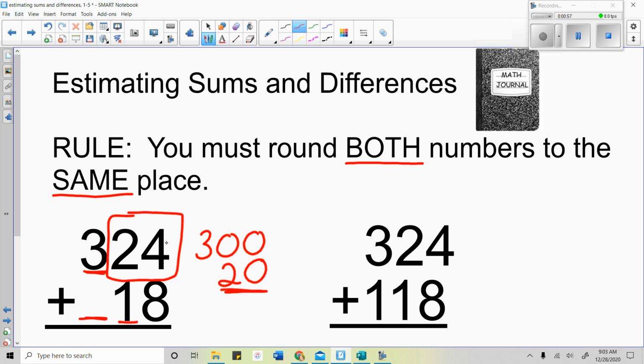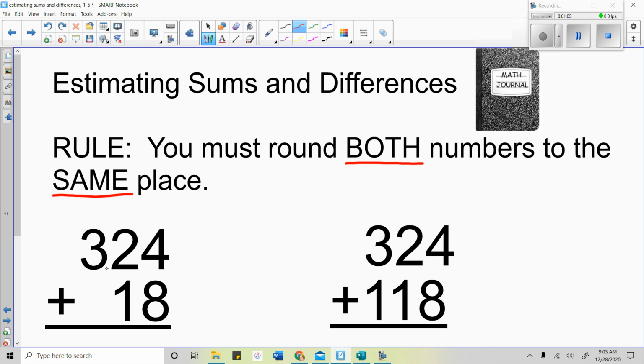That 20 is still significant, so I want to round these to the same place. Since they both do not have a hundreds place, I would move over to the tens. Do they both have a tens place? Yes, they do, so I'm going to round both numbers to the tens place.